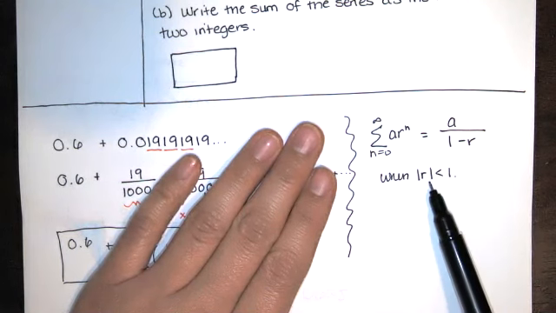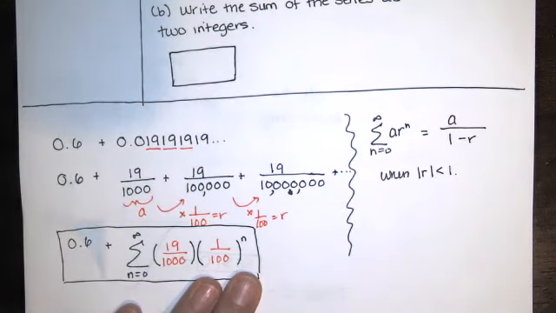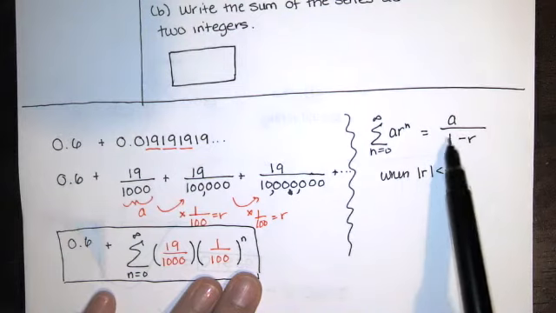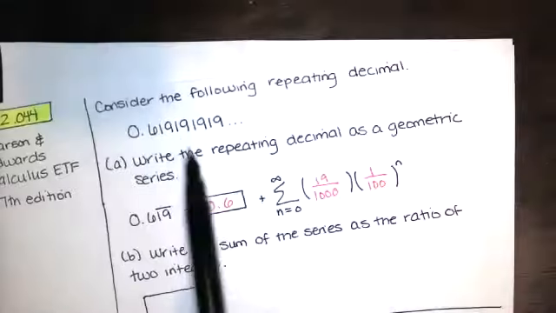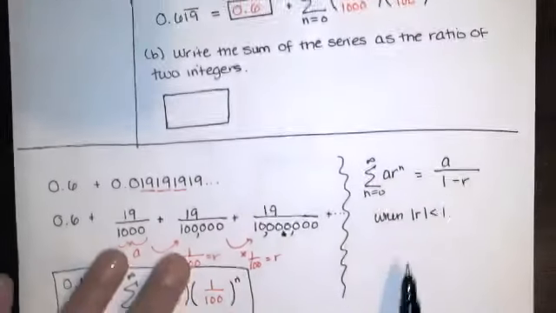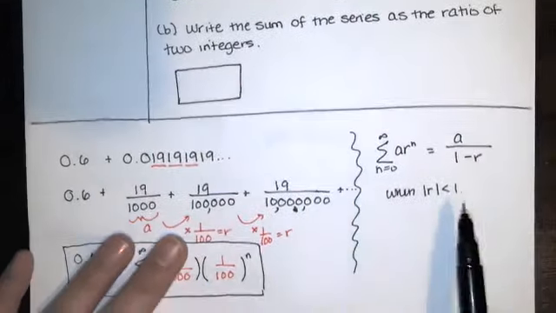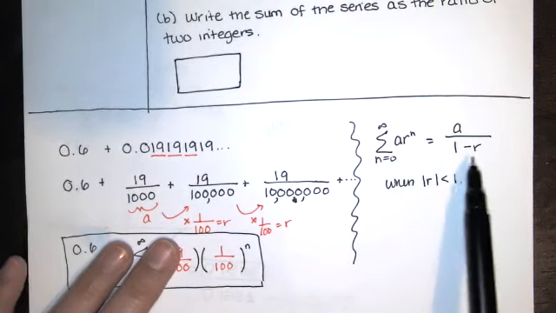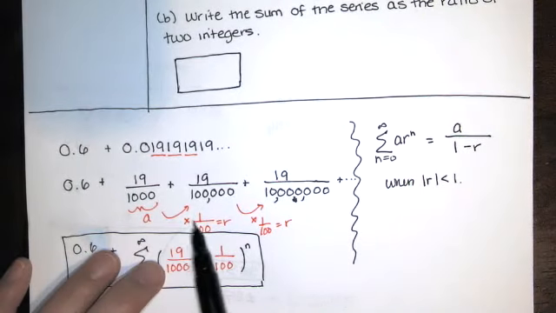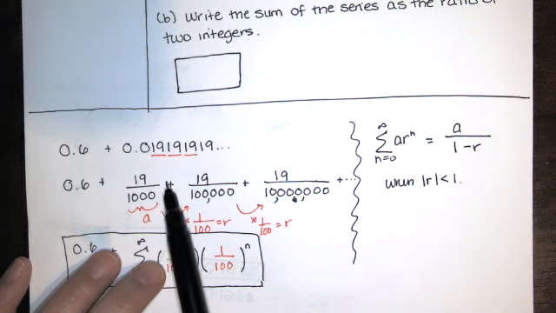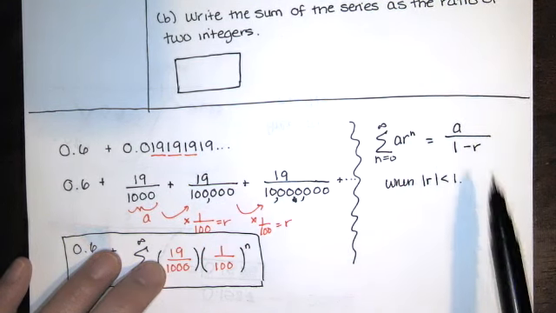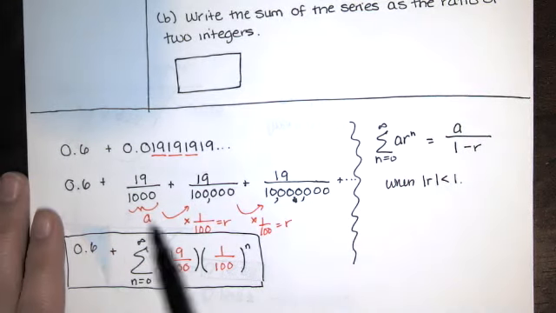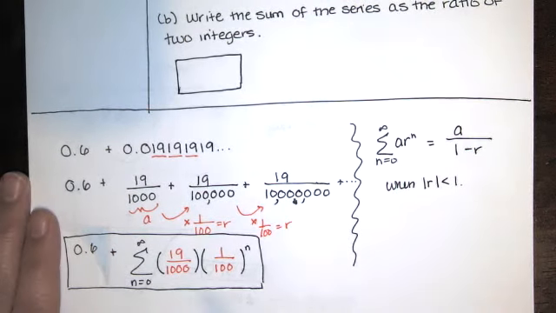Now, in our case, the absolute value of r is 1 over 100, so that's true. This series does converge to a number, and it converges to this repeating decimal. In order to write that as a fraction, I can substitute r equals 1 over 100 and a equals 19 over 1,000. Now, that is only going to take care of this part, and then we have to add 3 over 5 to it.